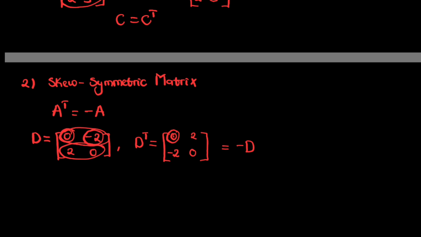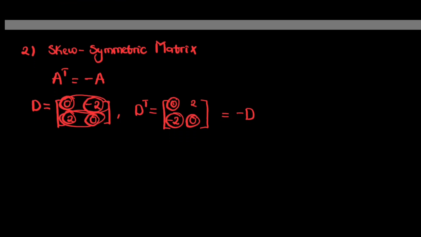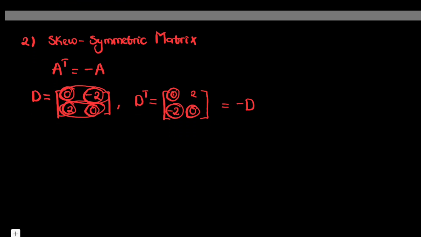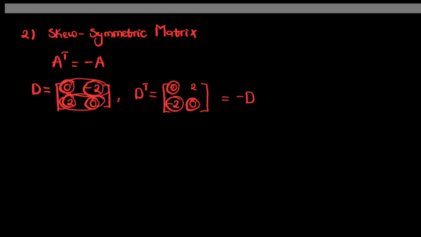Here we had 2, here we had minus 2. So the sign changed. And here we have 0, so 0 does not change. So the transpose of this original matrix is the same as the negative of the original matrix. Okay, so symmetric matrices stay the same after the transpose, but for skew symmetric matrices, the sign changes.